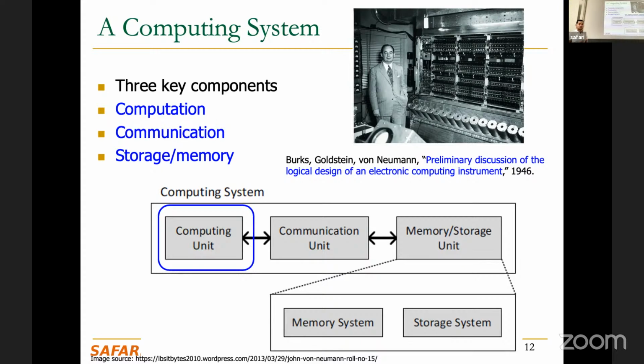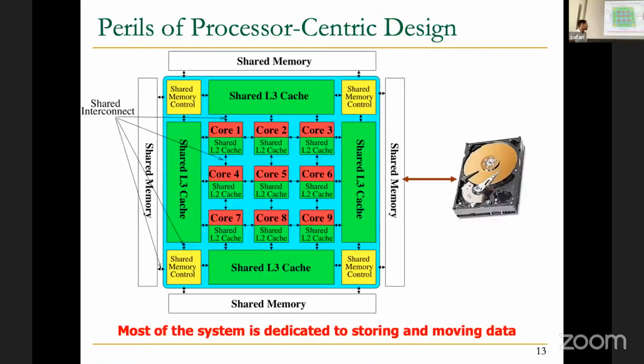So we have your computation unit composed of CPUs, GPUs, accelerators. And over time, when you look, for example, at a CPU, you have this type of view over here, where large portions of the system itself, the green boxes here, are dedicated either to the storage or memory of the system, or to moving data across the system, while the red parts here, a small percentage of your system, are composed of actually computing cores.